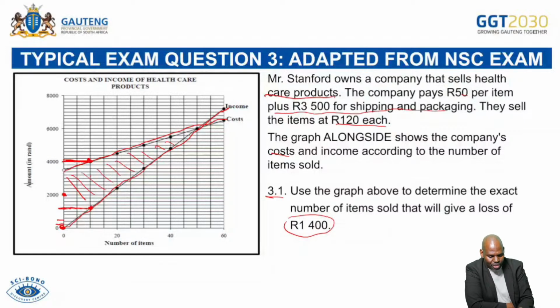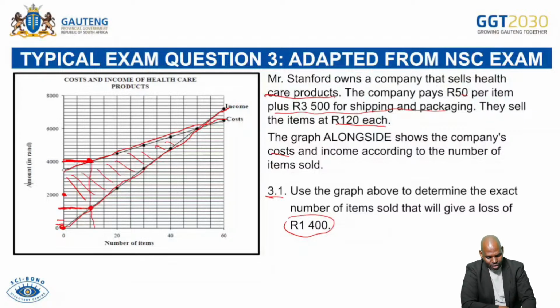If you take your calculator, you say 4,000, this point, minus 1,200. I'm getting 2,800.